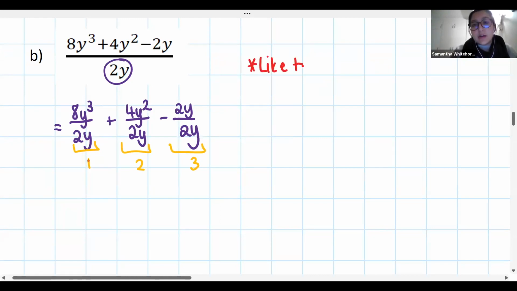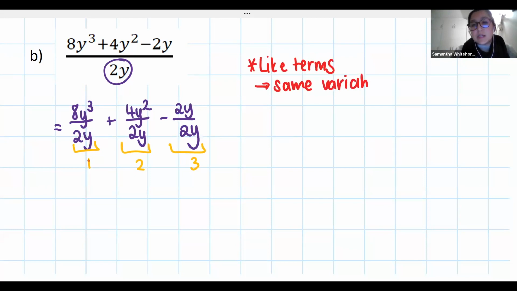and I'm probably going to actually write it again anyways, but it doesn't matter. Like terms have the same variable or groups of variables, so like x, y, and xy. And very importantly, the same exponents.